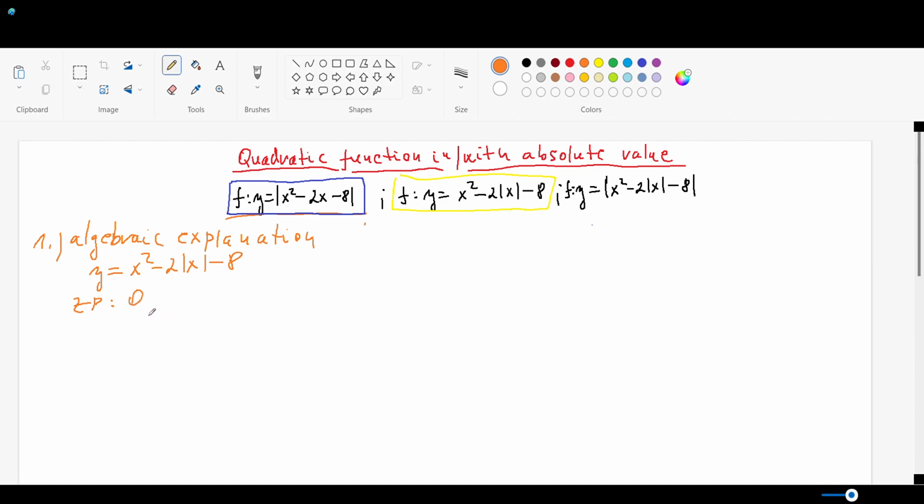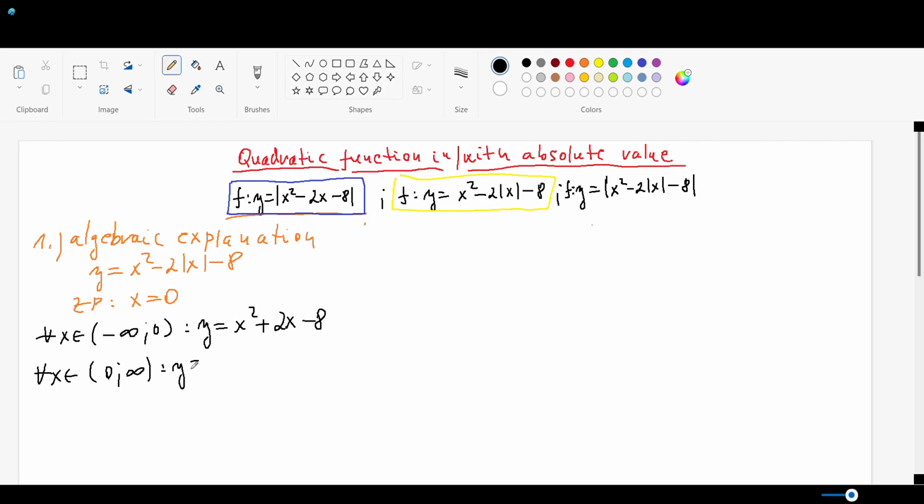In this case, you can find very easily that our zero point is x equals 0, and then it means that our function for each x from the interval negative infinity to 0 will be defined by the equation y equals x squared plus 2x minus 8, and for each x from the interval 0 to infinity, our equation will be defined as y equals x squared minus 2x minus 8. Okay.